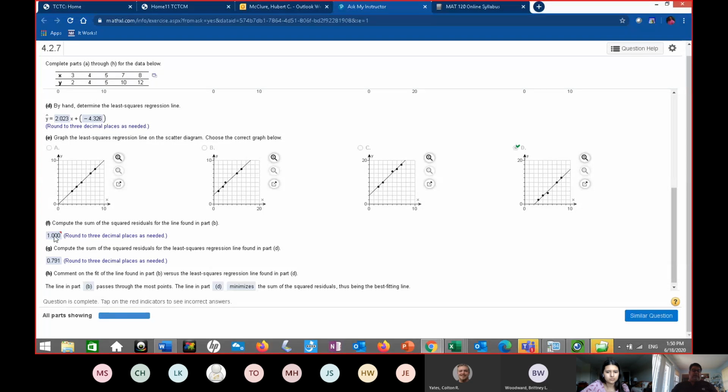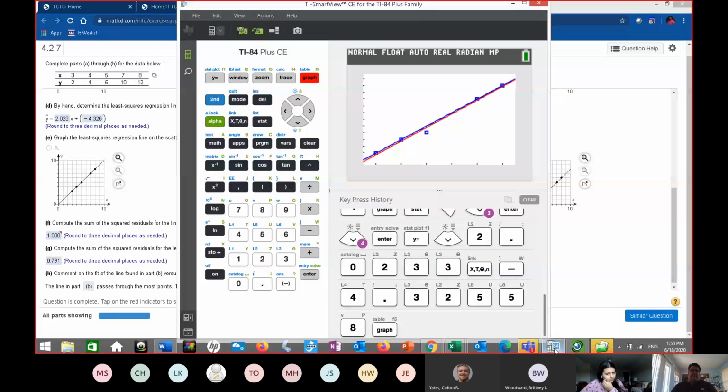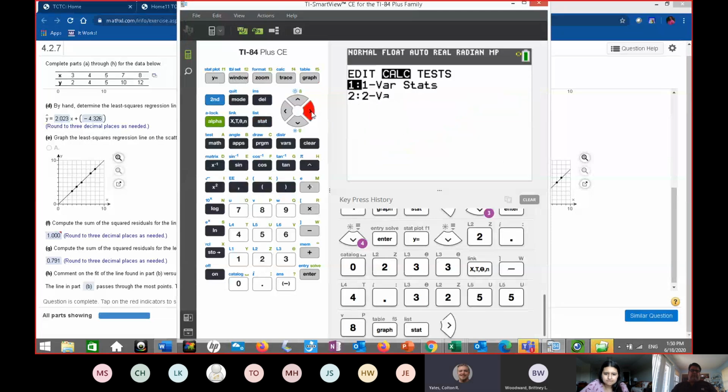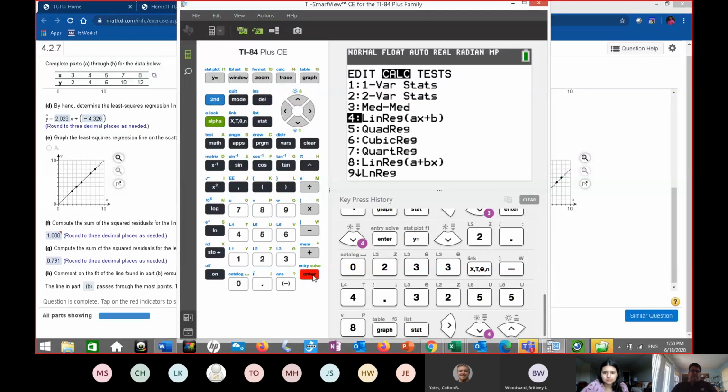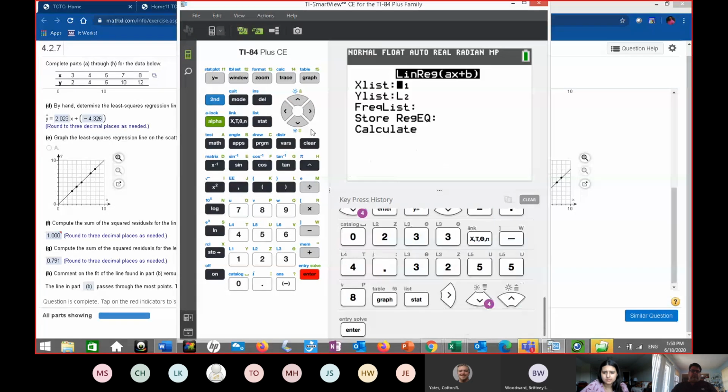And what I think, since we got our R, write down that R. Where's our R? We didn't write it down. So let me go to stat, calculate, linear regression, and calculate.